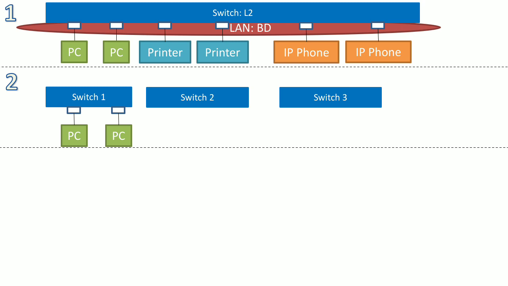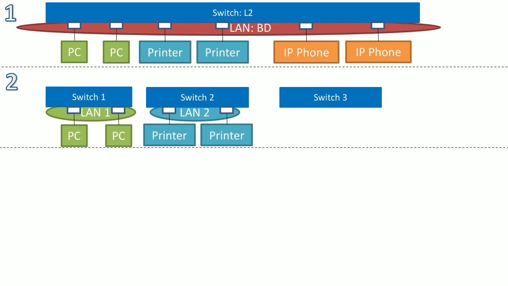Since only PCs are attached to it, we do not have any issue. On the second switch we attach the printers, all in a single local area network, but this LAN will be separate from the first switch. And with the third, we attach the IP phones.